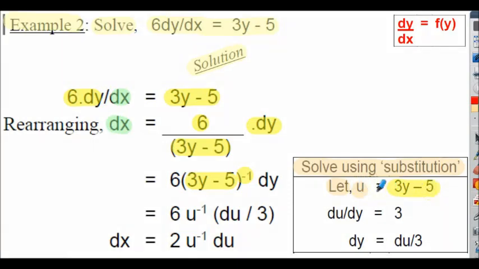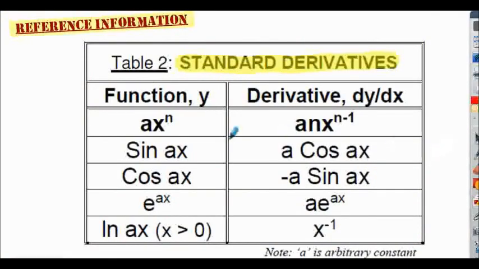So differentiating the left-hand side with respect to y, we have du by dy. Differentiating the right-hand side, now remember we're differentiating here. Referring back to our differential tables, we'll be using this format, ax to the n, which differentiates to anx to the n minus 1. So please note we're differentiating within the integration process.